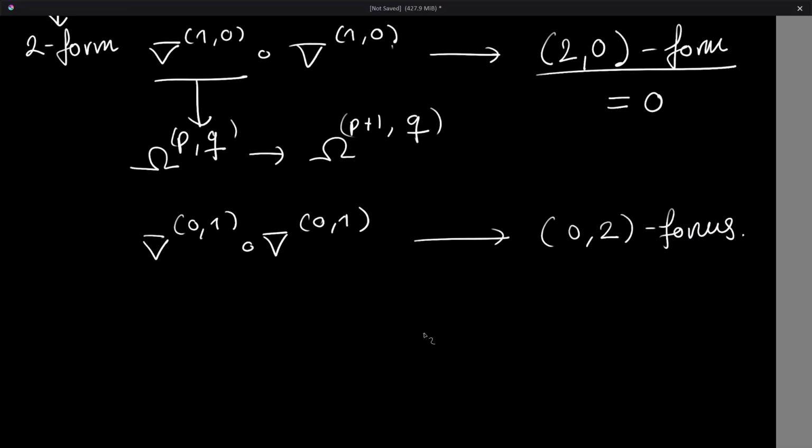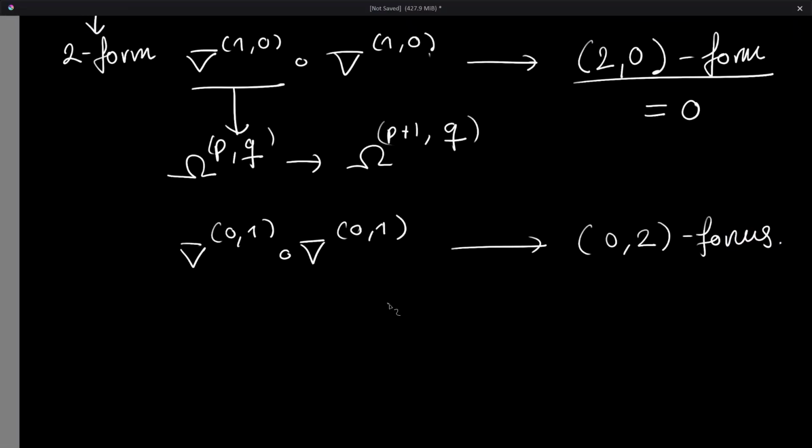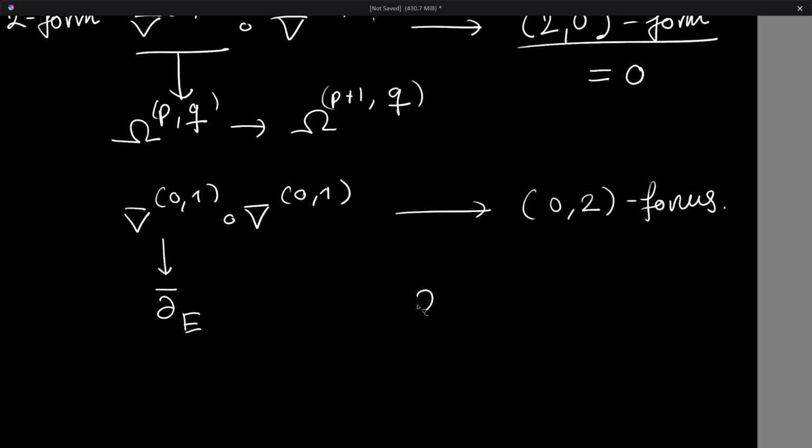And so this part, we can already tell that this is 0 because we know that this is equal to bar partial E, like the canonical Dolbeault operator, and we know that the canonical Dolbeault operator squared has to be equal to 0.